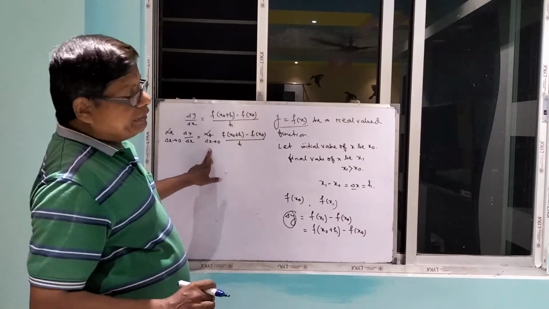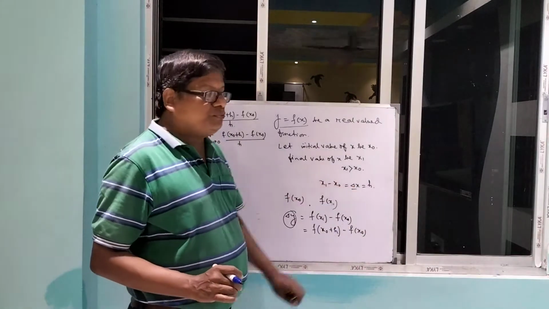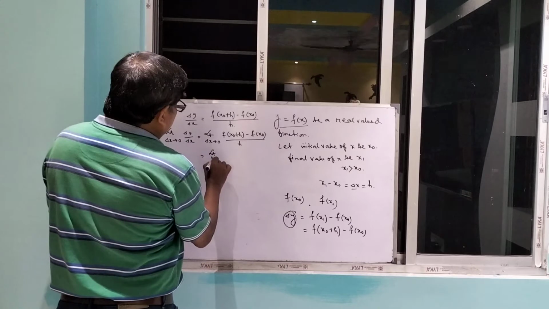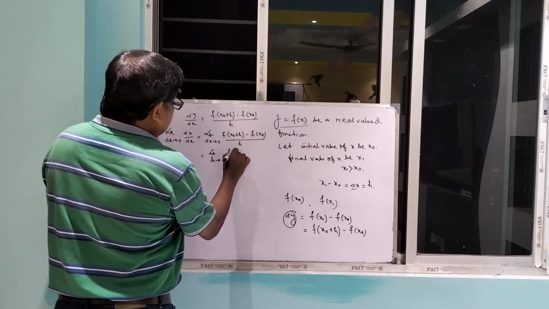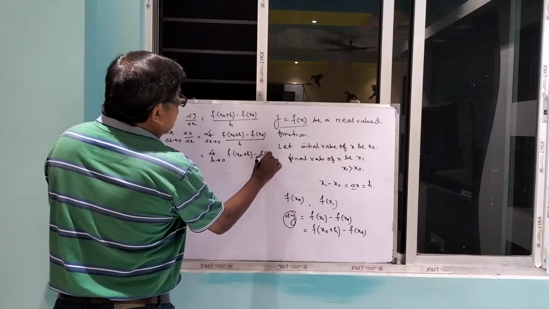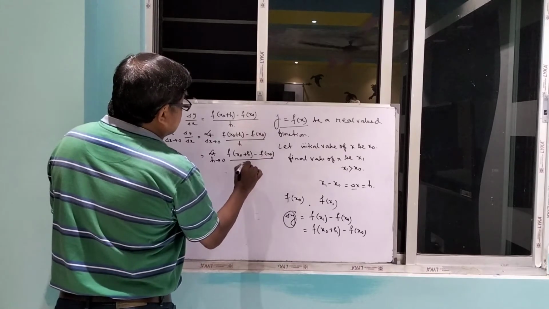Now see here h is given, so you write here limit h tends to 0, f of x0 plus h minus f of x0 by h.